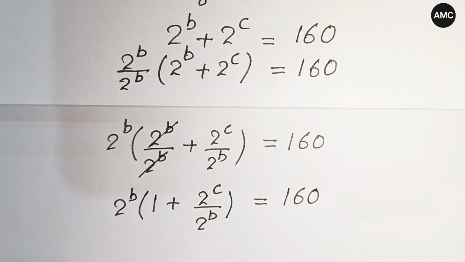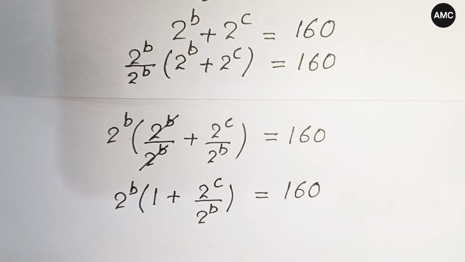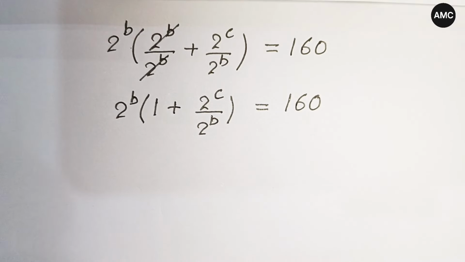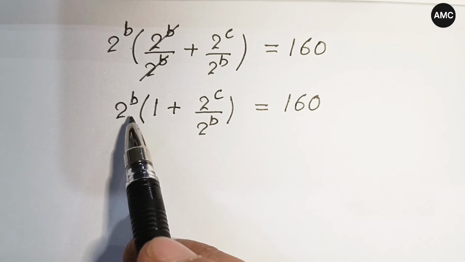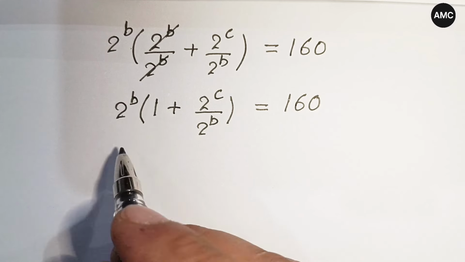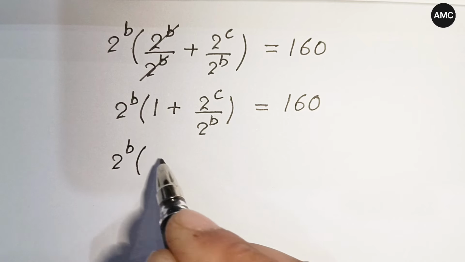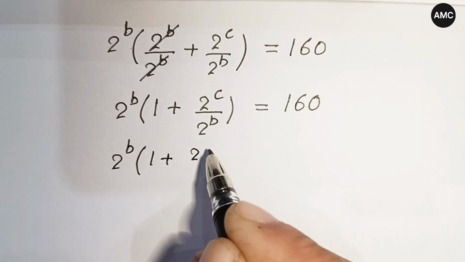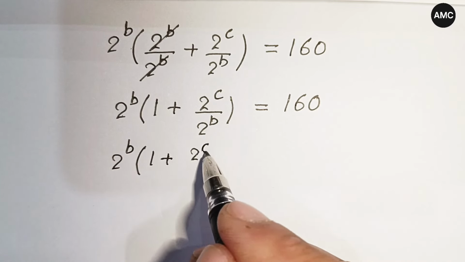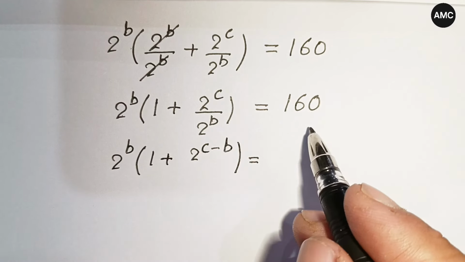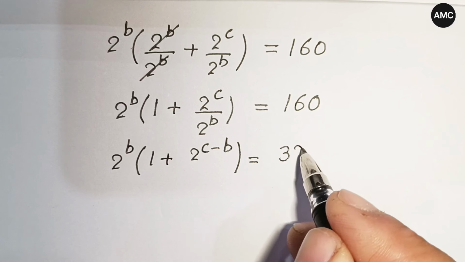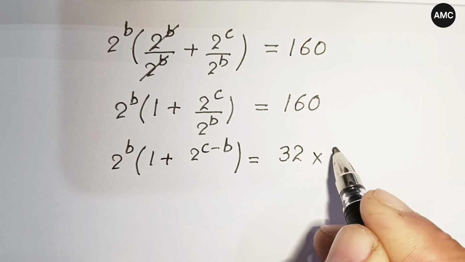Now if we write here 2 to the power b, we have 2 to the power b times 1 plus 2 to the power c minus b is equal to 160, which can be factorized like 32 times 5.